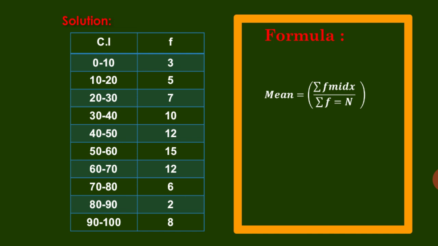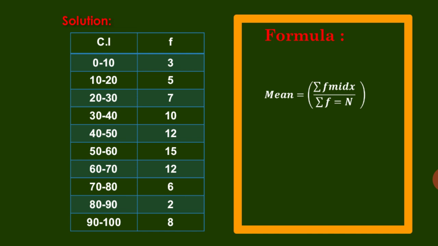Now we are going to determine the mean value from the given data. Already we know our formula: mean equals summation of f into mid x divided by capital N. First of all, we calculate our capital N value. Capital N is the sum of all the frequency values.